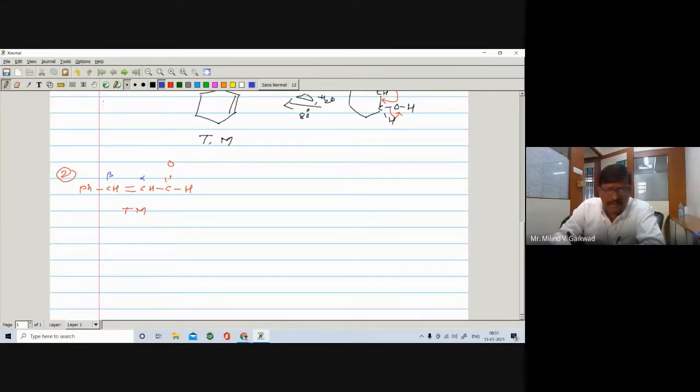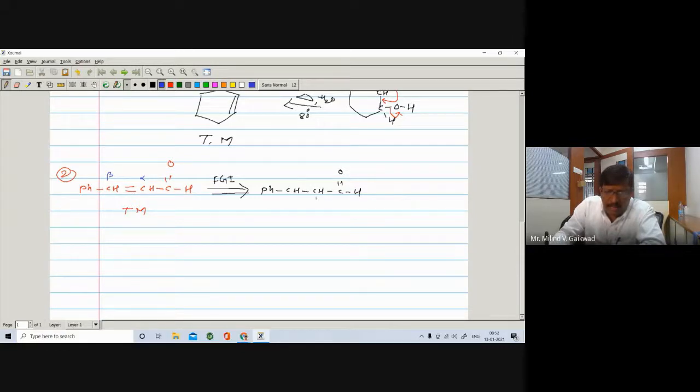So of course, you first have to carry out its FGI, functional group interconversion. In functional group interconversion, you have to add water in such a way that there is a formation of beta hydroxy aldehyde. So there is addition of water: Ph, CH, here is the CH, C double bond O, and here is the H. So you add water here.